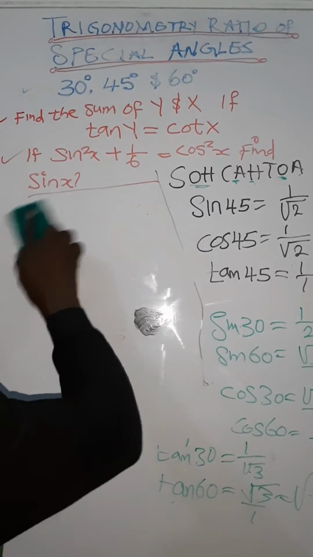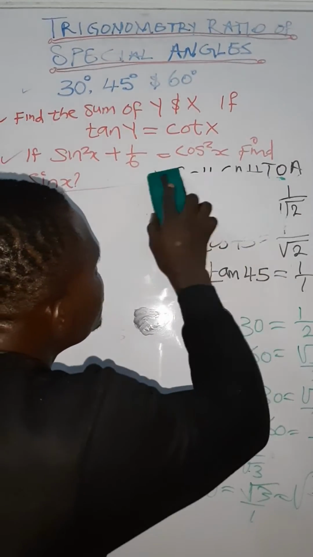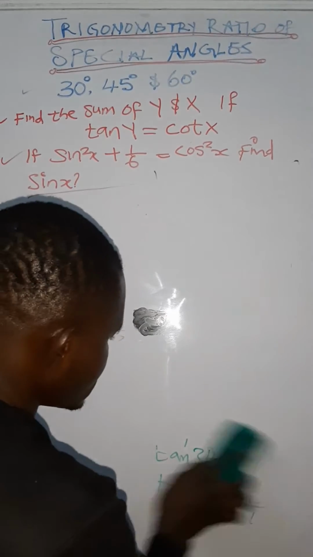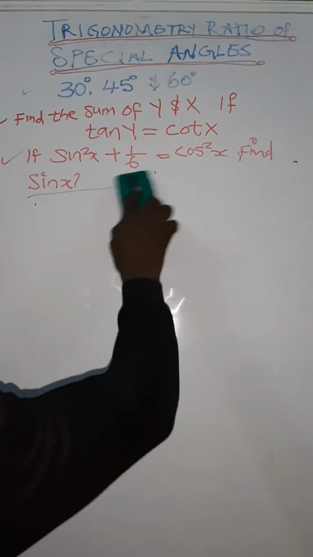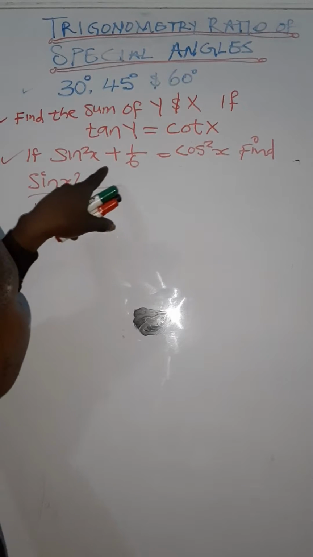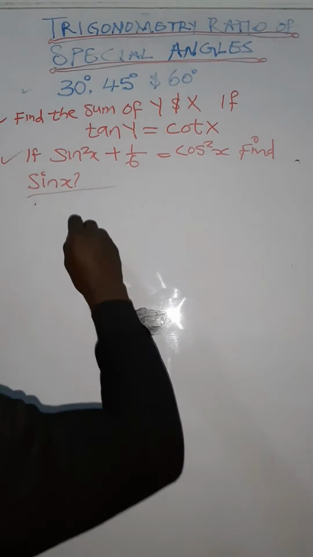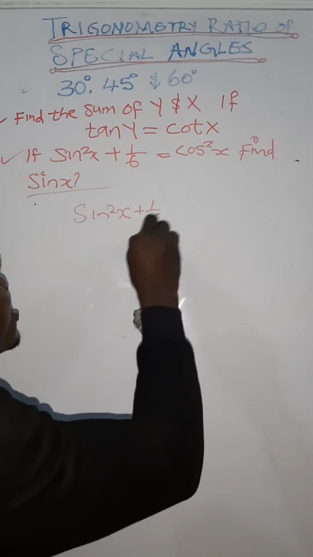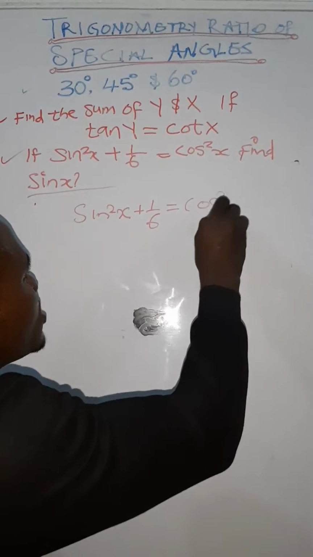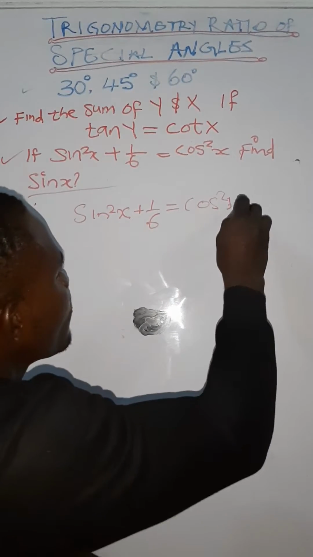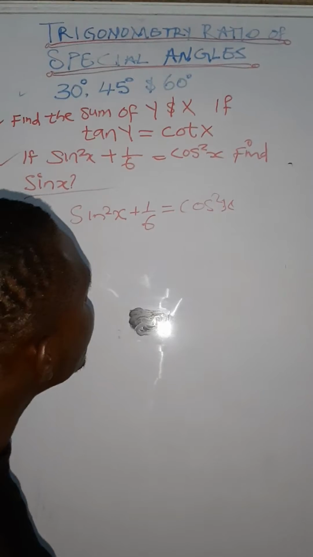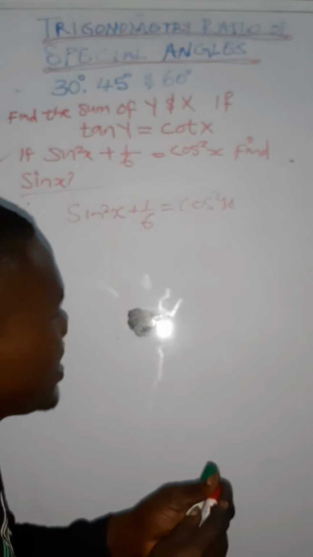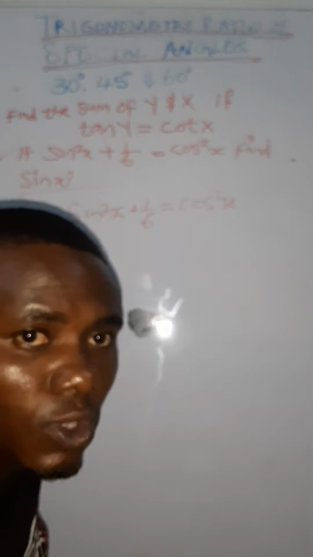The second question says sine square x plus 1 over 6 equals cos square x, and we have to look for sine x. In this case, I'm going to show you another thing that you need to memorize.